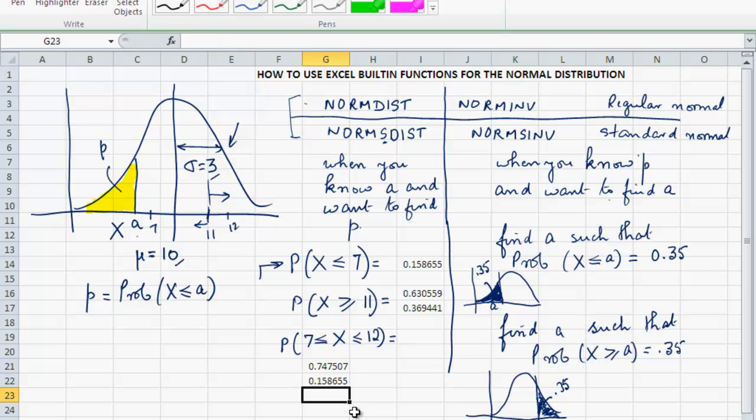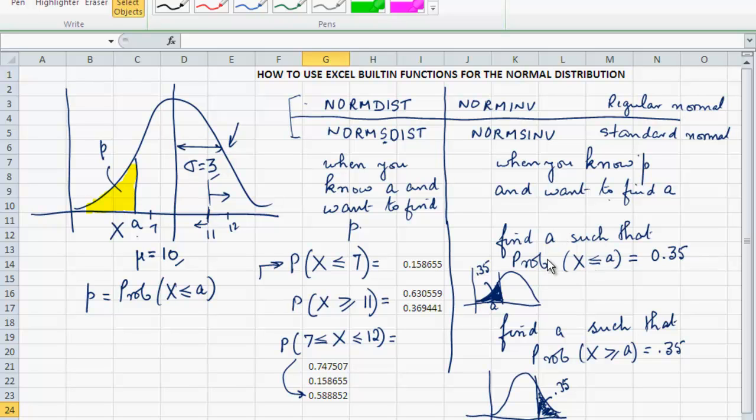All right. So if I subtract one from the other, the first minus the second, this is the area between 7 and 12. So the probability of x being between 7 and 12 is 0.588. Okay. Now let's turn our attention to the second type of calculation that we might want to do.